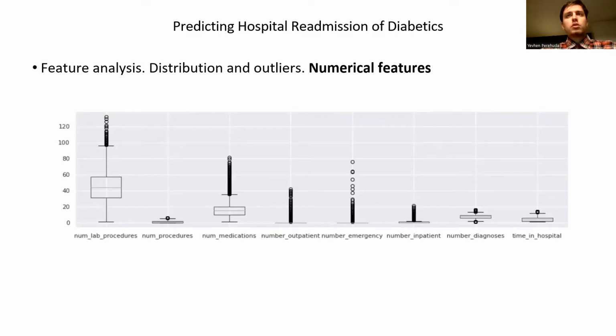So what to do with the outliers? We have 8 numerical features, and for each one we have some outliers, and also there is a problem of different scale. It can cause problems for prediction, because some models are very sensitive to different scale.